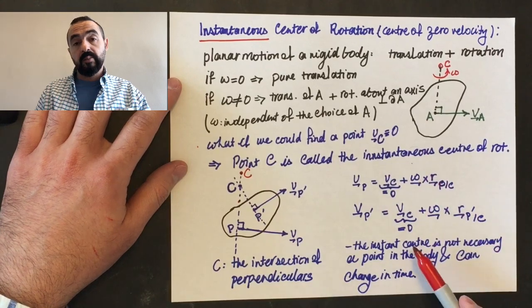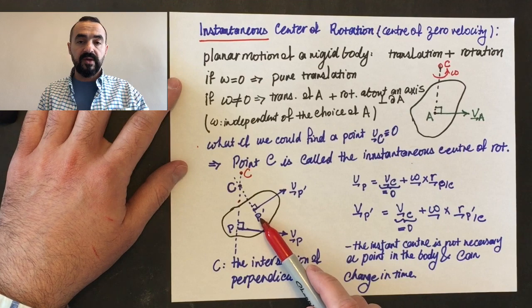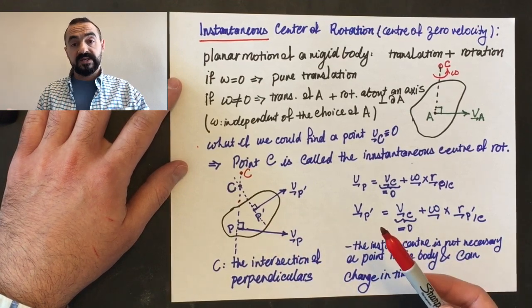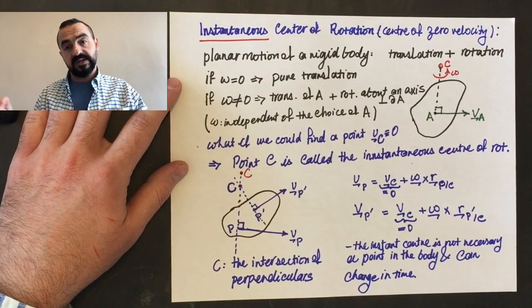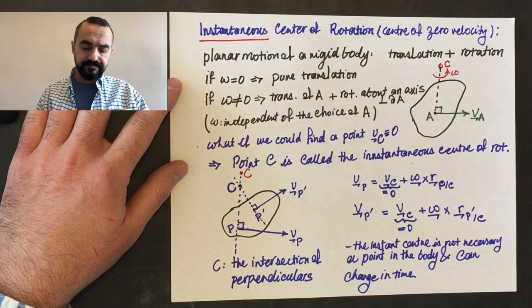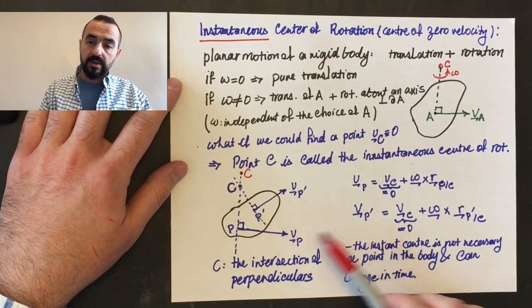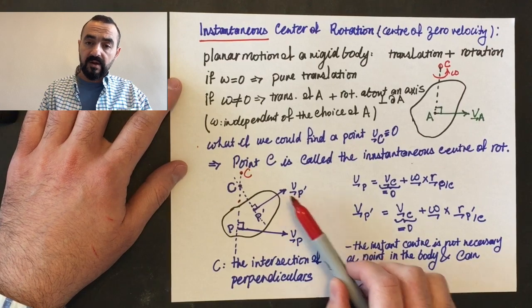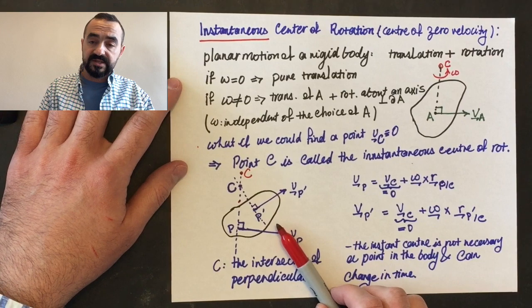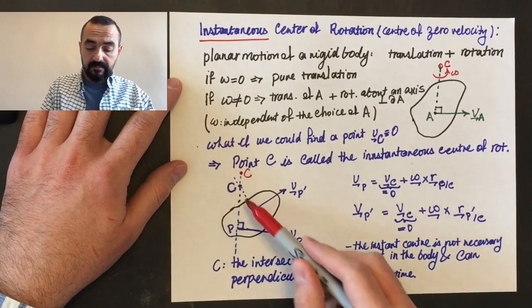Now, if you pick another point, P prime, it's the same thing. We have already found point C, and the instantaneous center of velocity, or instantaneous center of rotation, is found for the whole body. Again, same thing for point P prime: Vp prime, the velocity of this point, is perpendicular to the line going through the point C. So it is somewhere on this line.